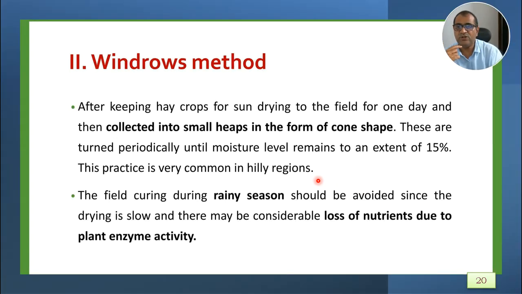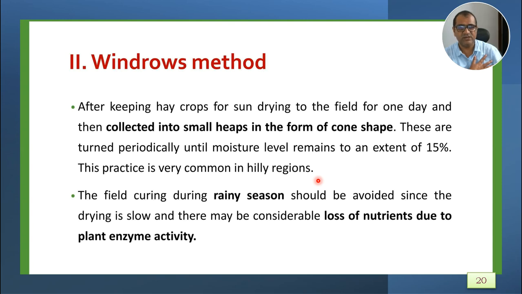So what is the windrow method? The hay crop for sun drying is collected in a single day into small heaps in the form of a cone shape, instead of spreading it in 10-inch layers.